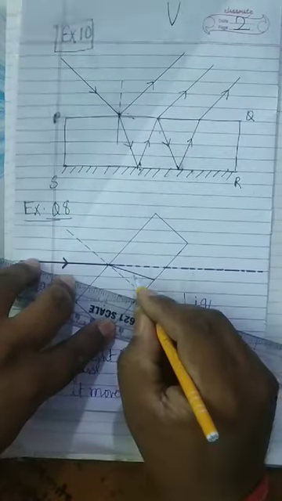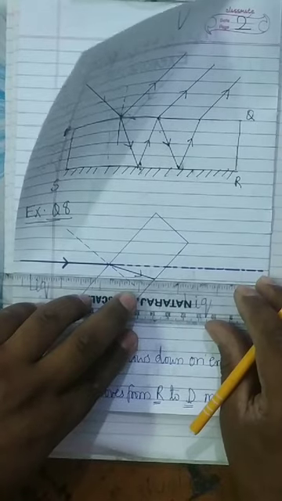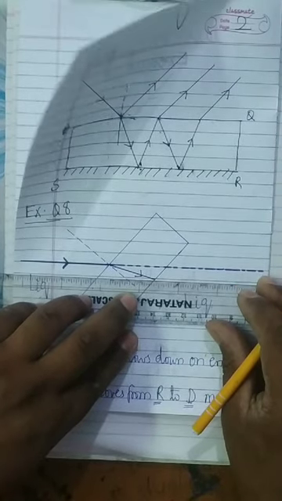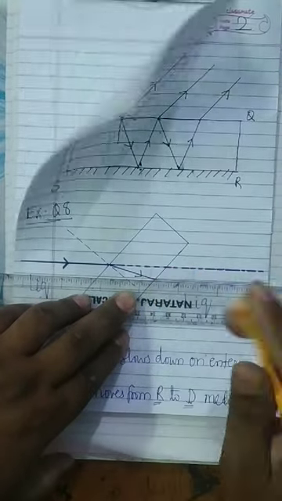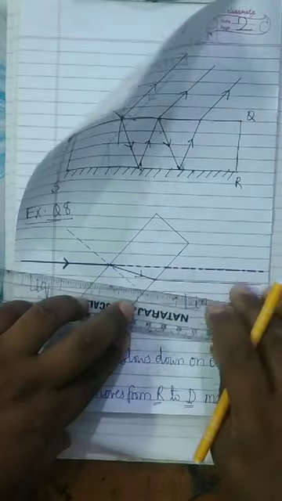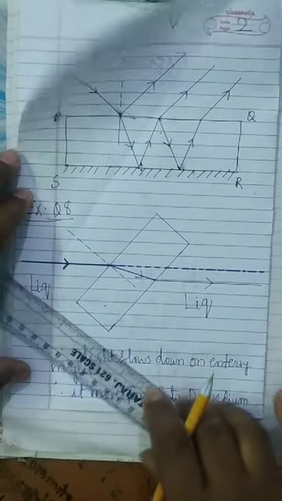It's clear. And then when it emerges out from here, it will emerge out parallel to the original direction. That's why I have drawn this. It's clear. So this is the first part.